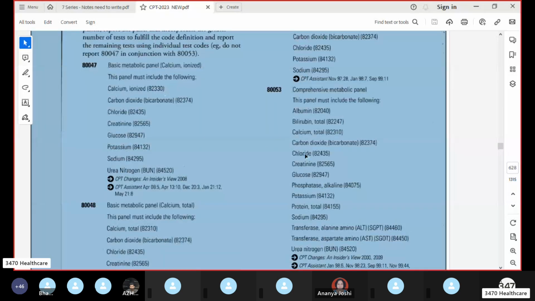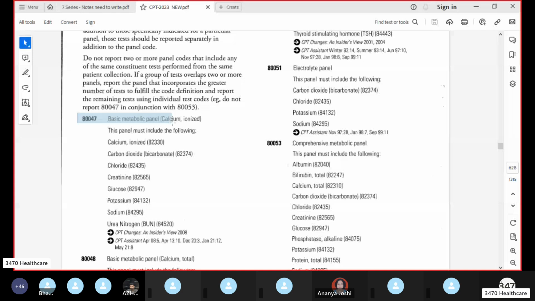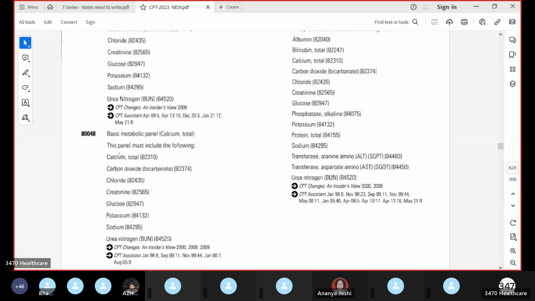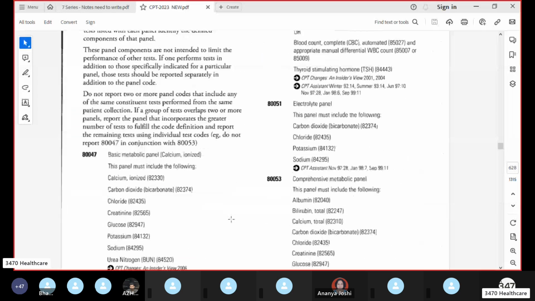So 80047, page 596, is the basic metabolic panel, calcium ionized. This is one panel. Basic metabolic panel, calcium total, is 80048.